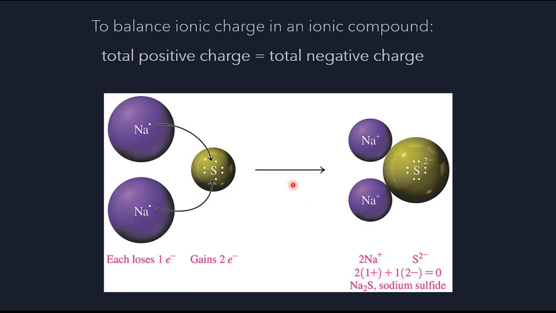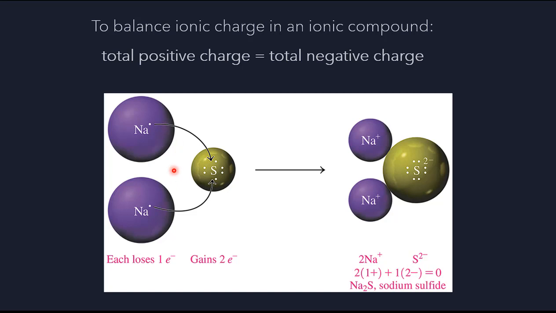So to balance the ionic charge in an ionic compound, again, the goal is such that the total positive charge is going to equal the total negative charge. So again, one more example, if we're talking about sodium sulfide, right? If we look at sulfur on the periodic table, we'll see that sulfur has 6 valence electrons, so it needs 2 electrons, and so sulfur is going to have a 2- charge on its ion.